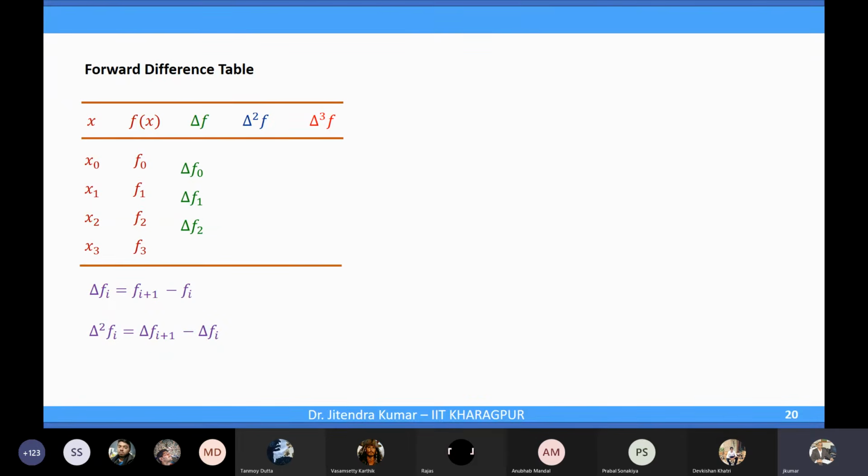Same thing we will be doing. You difference. So again you go to the next step doing the same thing. Delta f1 minus delta f0, the same nature of the differences. Here again subtract this from this one, delta f2 minus delta f1. So your table is ready for the higher order differences.